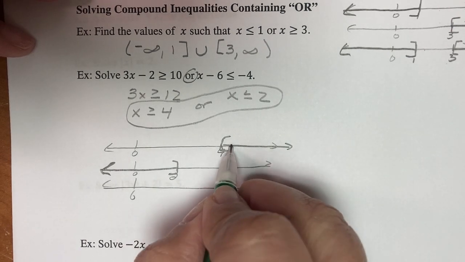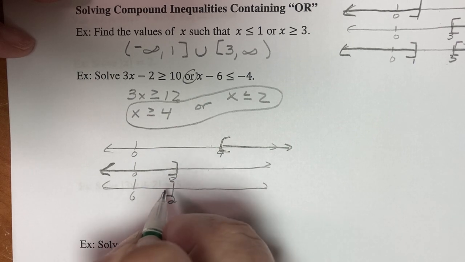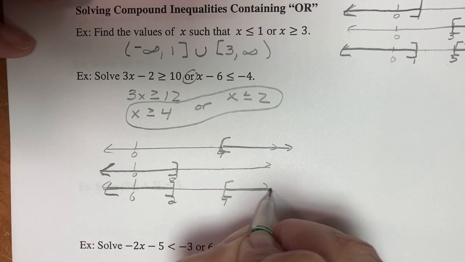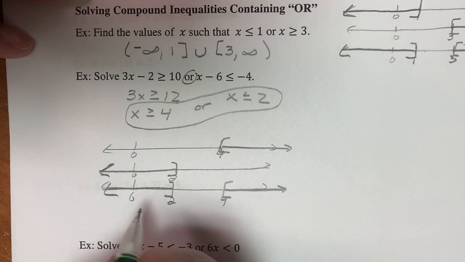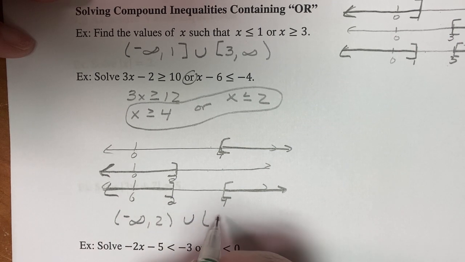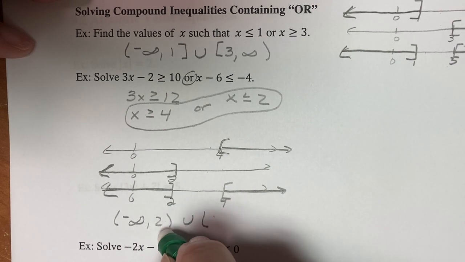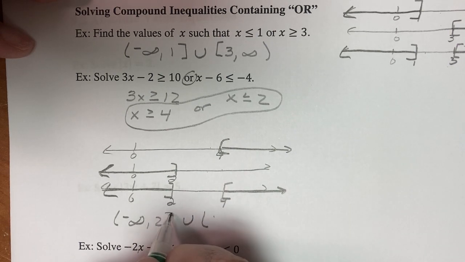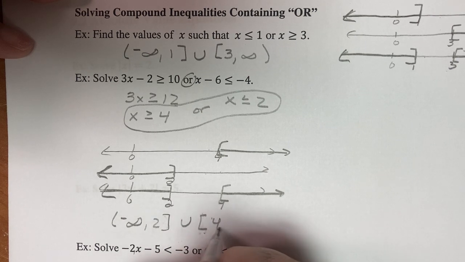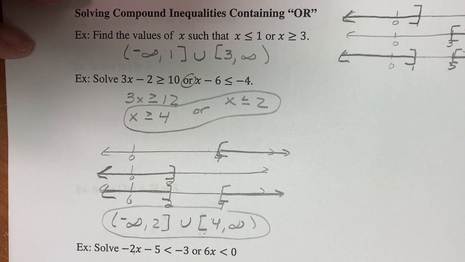My solution, if I were to unite these two graphs onto my bottom graph, you can see that it would be all values from negative infinity to 2, union with all values from, oops, I need a bracket here. Let's not mess up my interval notation because of the equal to signs, 4 to infinity. And there's my solution in interval notation.